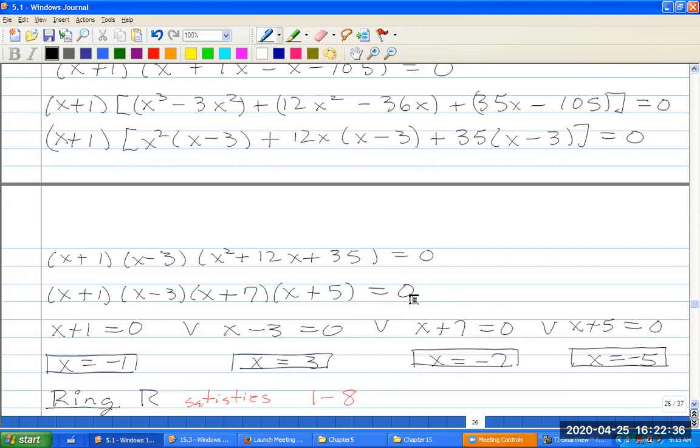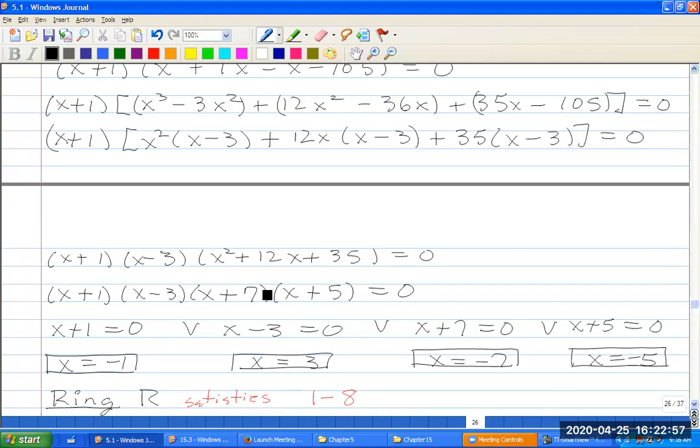is 0. So now I can use the zero factor property, the fact that this is a polynomial over an integral domain. This polynomial ring is an integral domain.